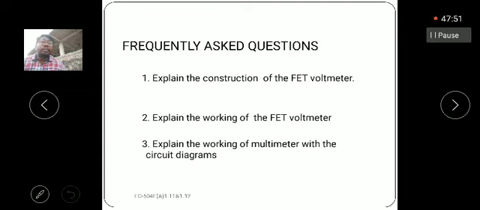All these are related to the construction of the FET voltmeter, and this is one of the important questions asked in the examination on this measuring instrument.